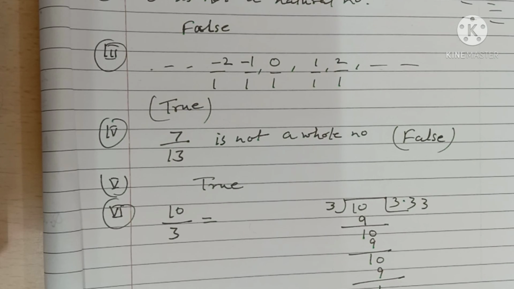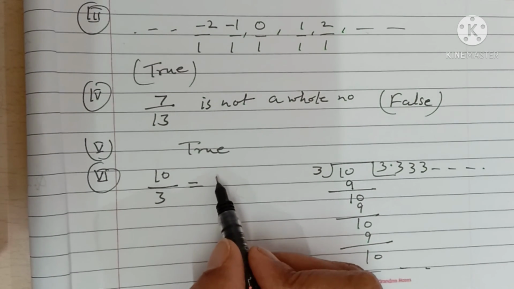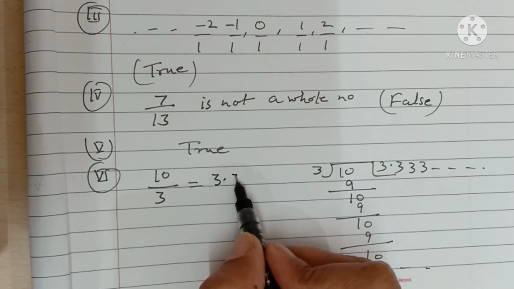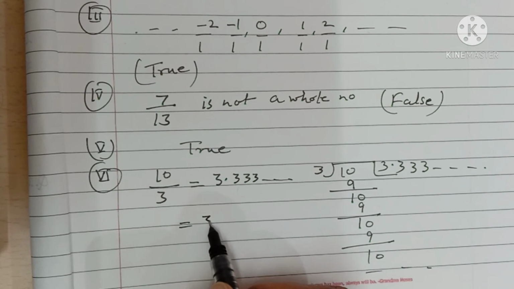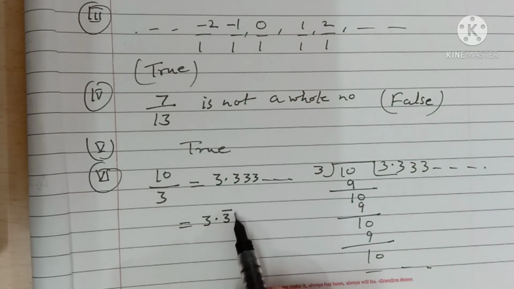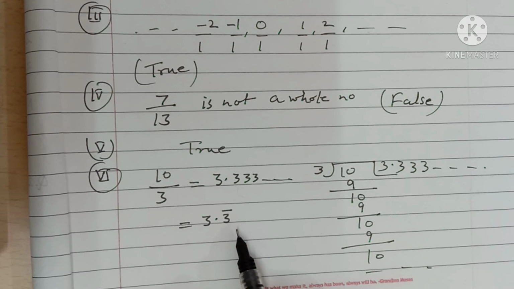And this will be repeated. So this becomes 3.333 and so on, and you can write it as 3.3 bar, which is a repeating decimal. We will learn how to convert it in p upon q form. This is the p upon q form of the repeating decimal. So this is a true statement.